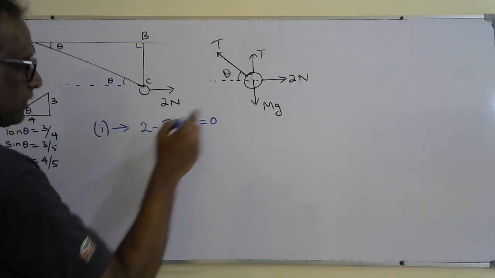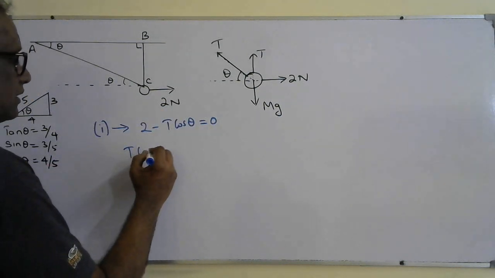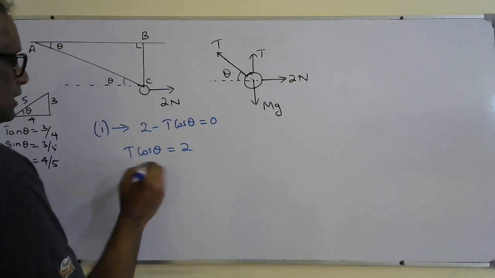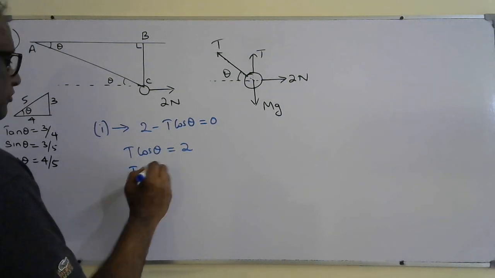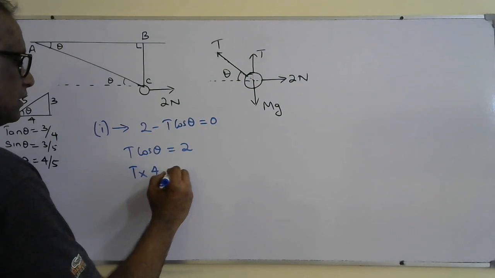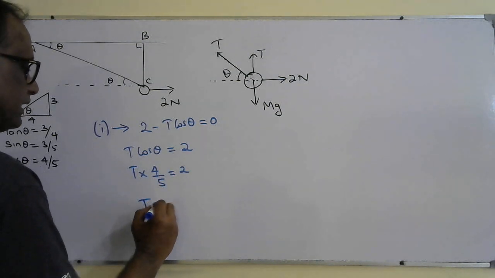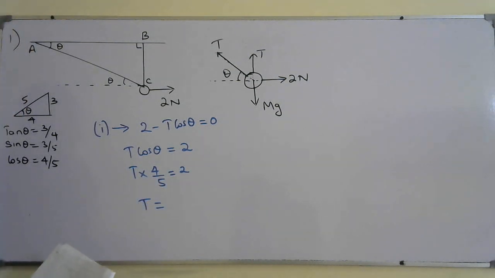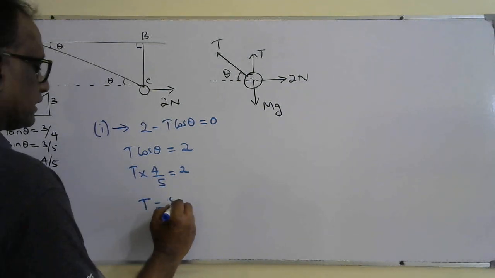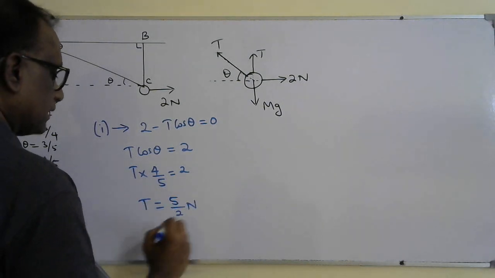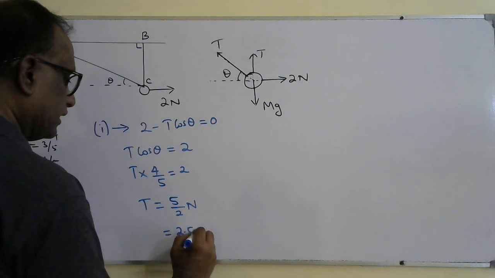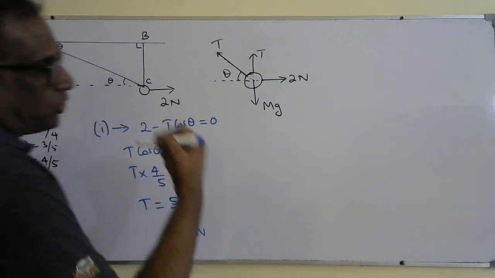So T cos theta equal to 2 Newton, T into 4 by 5 equal to 2. Solve it, you will get T equal to 10 by 4, that is 5 by 2 Newton, that is 2.5 Newton.